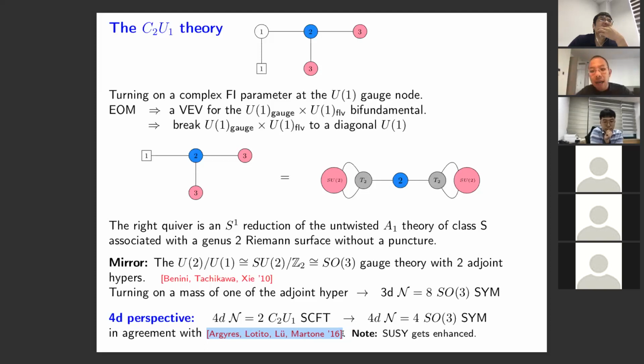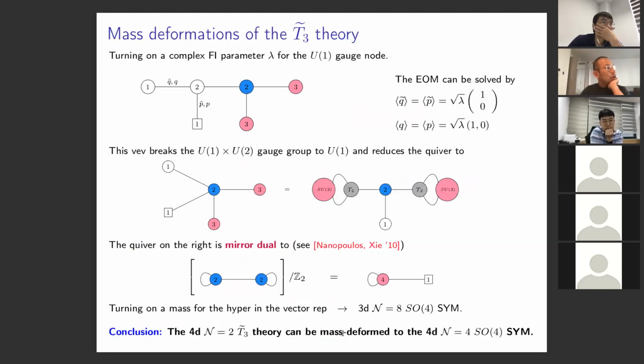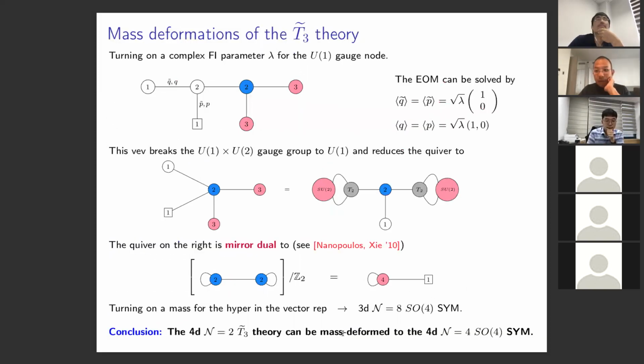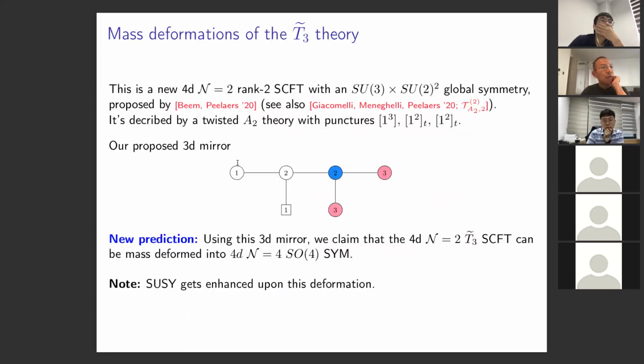This is from my understanding. Now from the class S viewpoint, it's not clear to us at all. I mean, we were thinking of course about this question. For example, if you take this theory, without knowing the mirror, and you give a mass deformation, if the theory is simple enough, maybe you can do it.